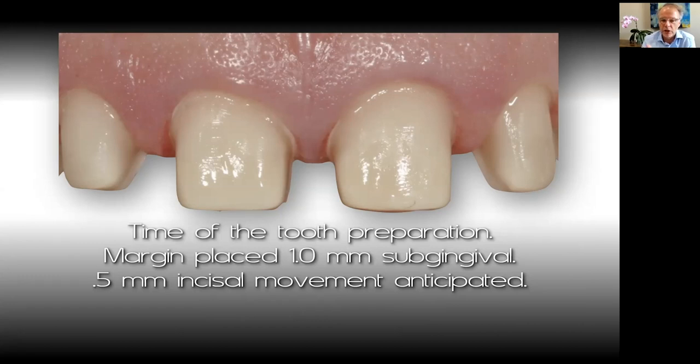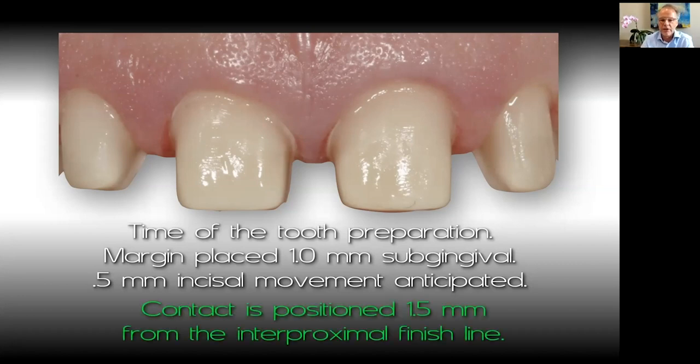We have to be conscious of that, because then you look at this and you say, well, my finish line isn't deep enough subgingival, but just keep in mind that as you remove hard structure, the tissue is going to change. The margin was initially placed 1 millimeter subgingival, and I expect 0.5 millimeter of incisal movement of that papilla. So that means I must make the interdental contact 1.5 millimeters from the interproximal finish line. That's the information the technician is going to need to know during the fabrication of the restorations.